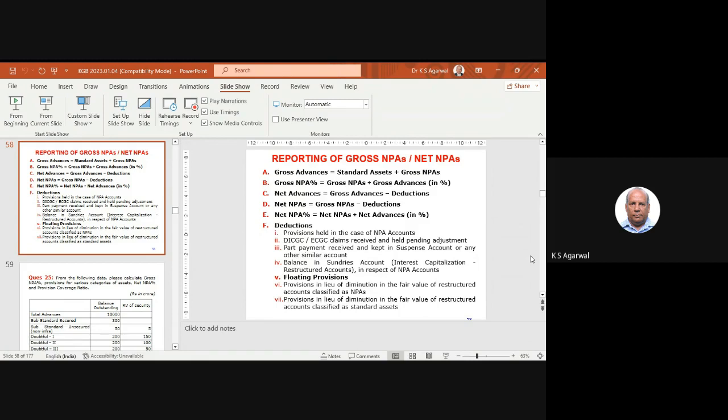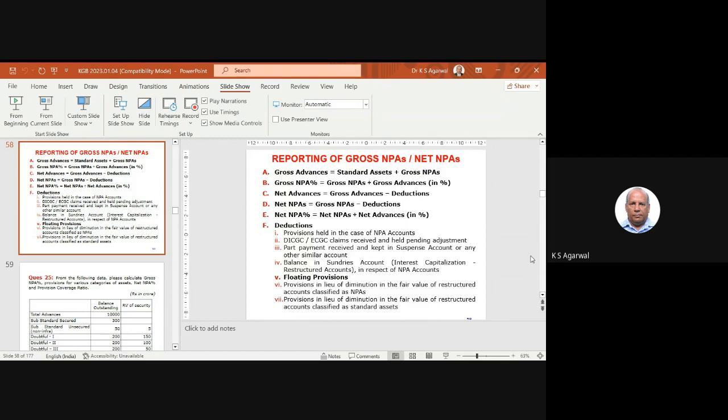Net NPA percentage will be net NPA divided by net advances in percentage terms. Now, how will I arrive at net advances and net NPAs? Net advances are gross advances minus certain deductions. Net NPAs are gross NPAs minus certain deductions.